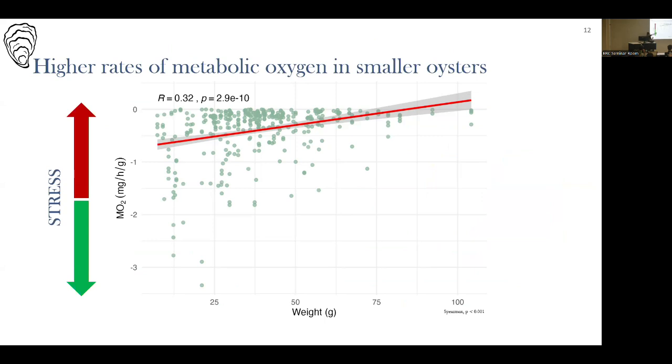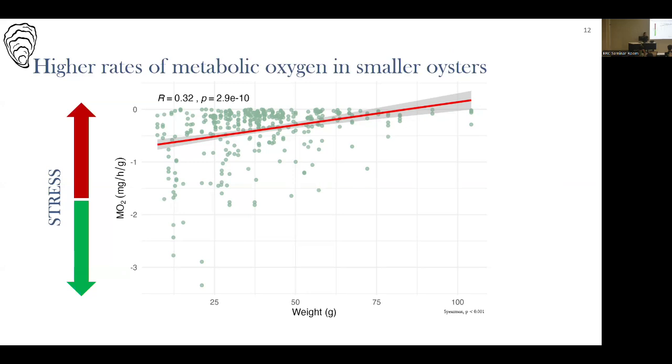But we did see a significant correlation where the smaller oysters were breathing more and the larger oysters were breathing less. In this sense, this is similar to previous literature that has shown that smaller oysters can be more resilient to stressors. And we also see that at the oyster hatchery, where the smaller oysters can rebound and recover a little bit faster than the larger oysters.